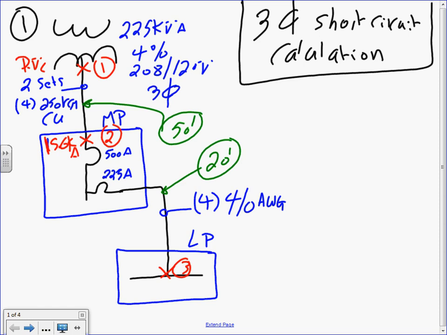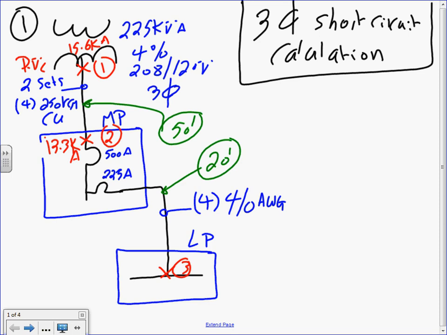The short circuit at this point was 13.3 kilo amp right here. Can you guys see it started right at the terminal transformer at 15.6? We dropped it down to 13.3.